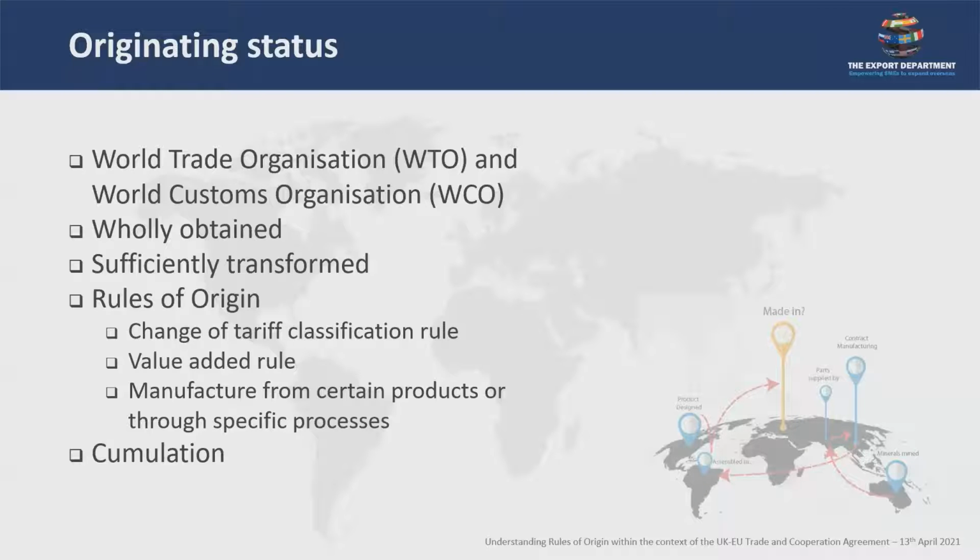That was tasked with liberalizing and expanding world trade, and also imposing precise disciplines on the application of rules of origin, which we're going to cover in just a second. So it was very much the WTO and the WCO that were responsible for that harmonized work programme. And that's essentially, when we talk about commodity codes and tariff codes, and we talk about HS codes, that's where it all comes from.